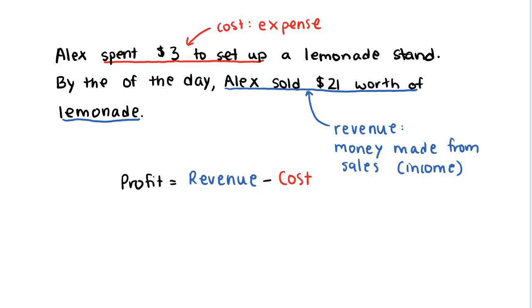If we take the money that a person's made and then subtract away the cost it took to make that money, everything that's left over is the profit.